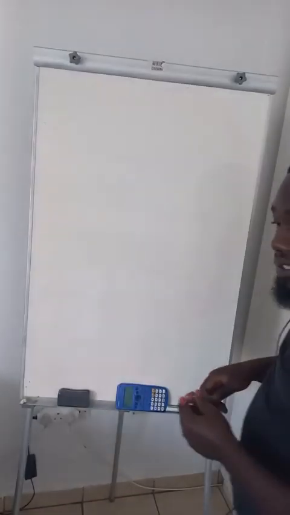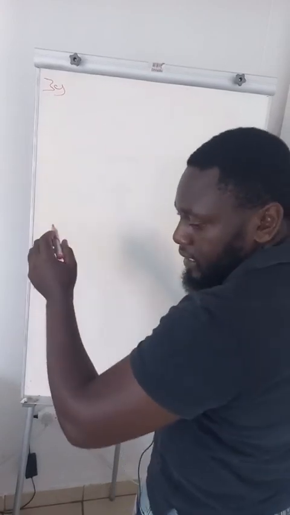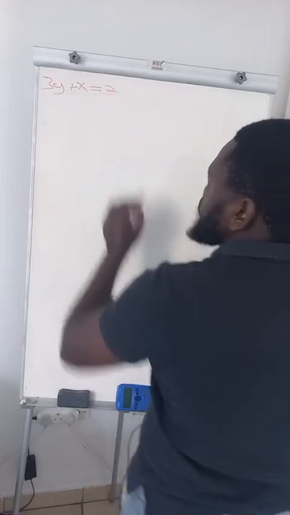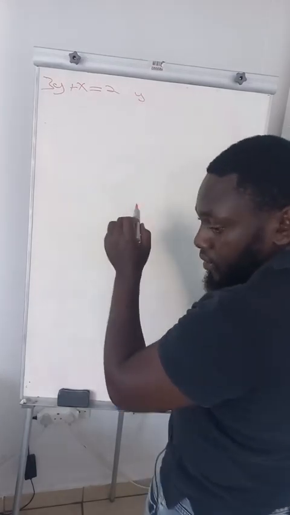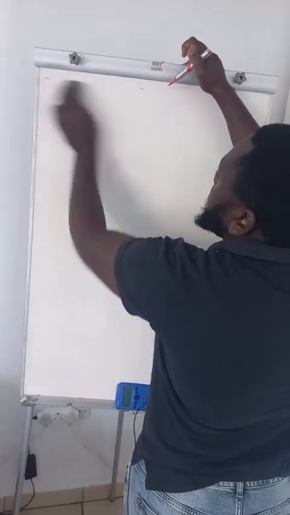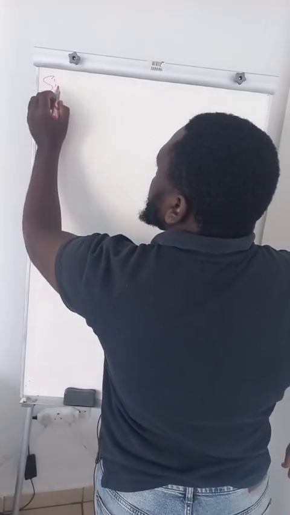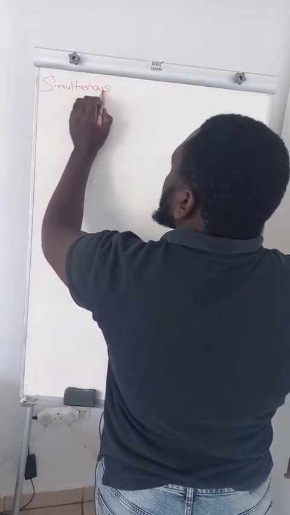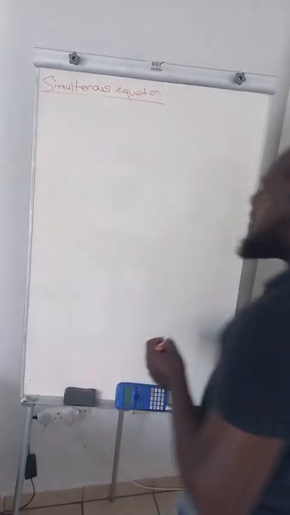So now for a simultaneous equation, it means you have got 3y plus x is equal to 2, and then you've got y squared. You forgot to write what we are solving here. So this is a simultaneous equation.